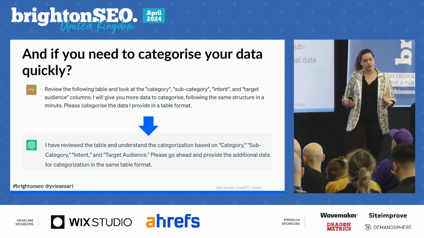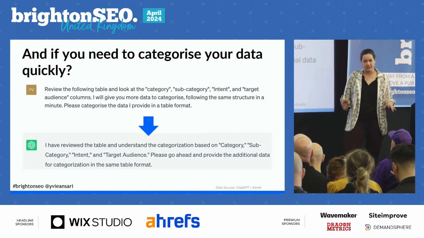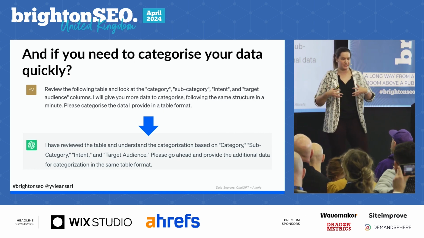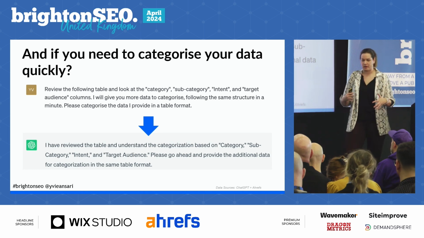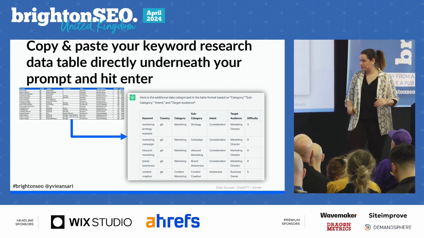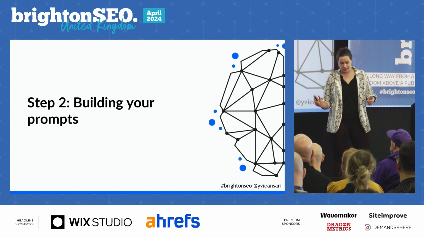And then what I'm going to do is feed the empty data to you, and you're going to go away and categorize that based on what I've already told you. 10% of the list is because that gives you a decent amount of information to give to the tool without going overboard or giving too little information to it. So what it then does is go away and categorize your list just like that.